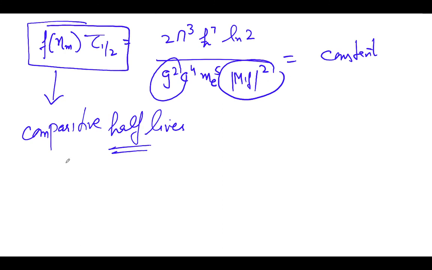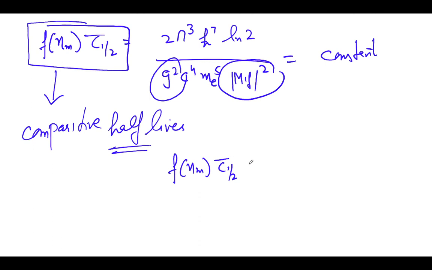So this equation shows that the larger the value of this matrix element Mif squared, the smaller the comparative half-life will be. So if the value of this comparative half-life is small, it indicates a larger probability of beta decay. So what does it mean? The larger will be the probability of beta decay.